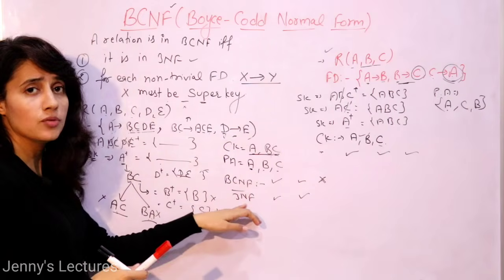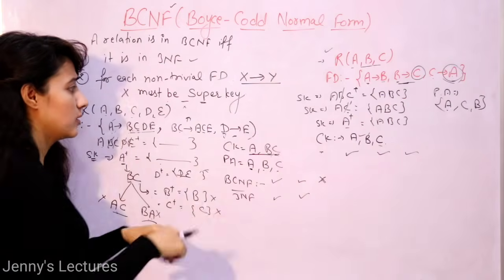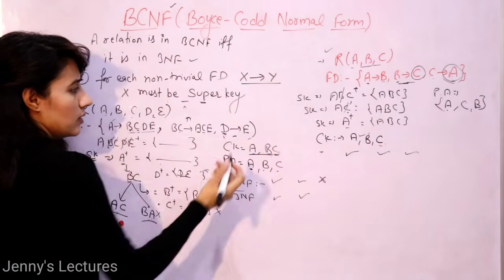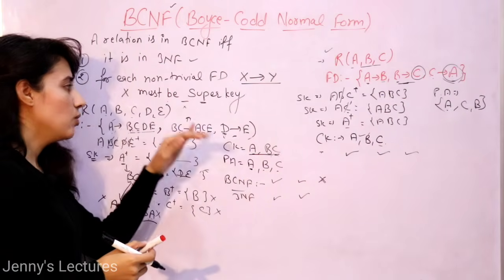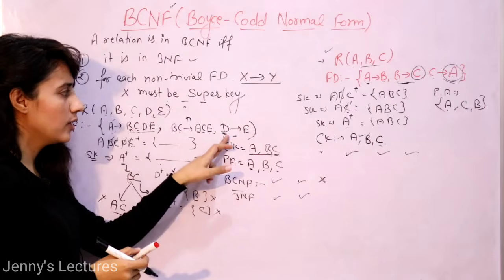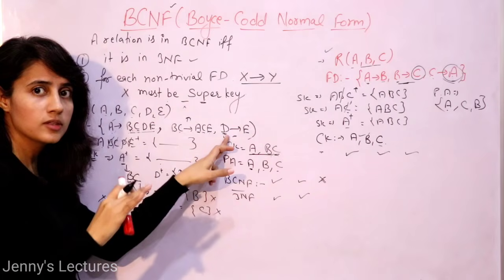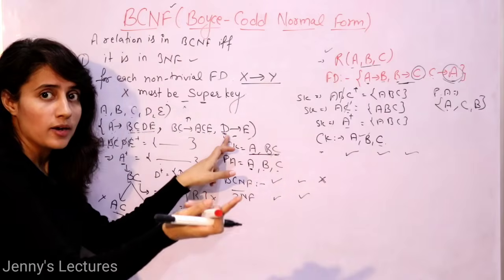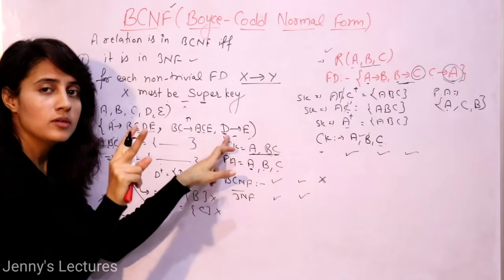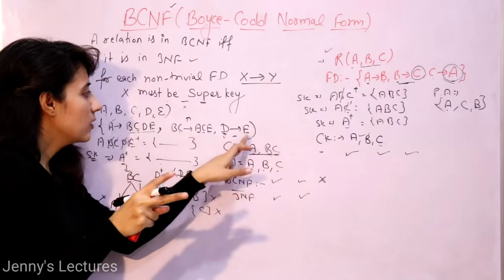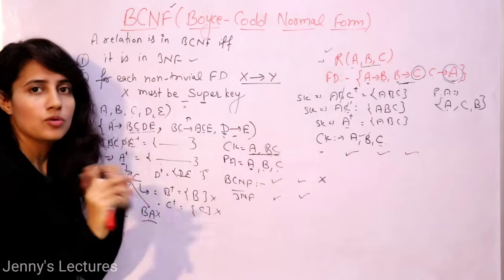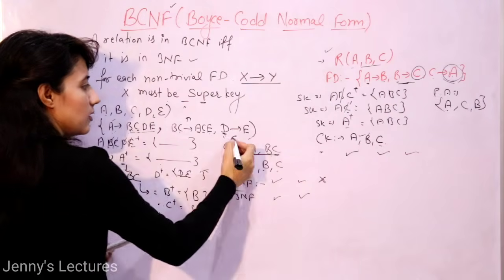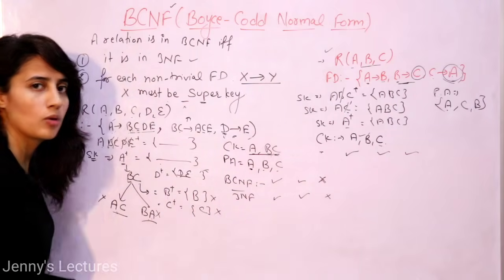Because in third NF we check transitive dependency. Check out what the left hand side is. Is it a super key? No. Then you cannot say that this is satisfying third NF, or the right hand side is a prime attribute. Of the two conditions, at least one should be satisfied, not both. So is E a prime attribute? No. So now you can say that this is not satisfying third NF.